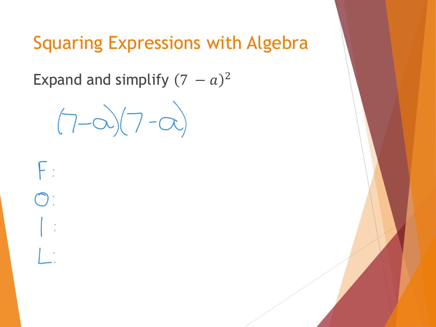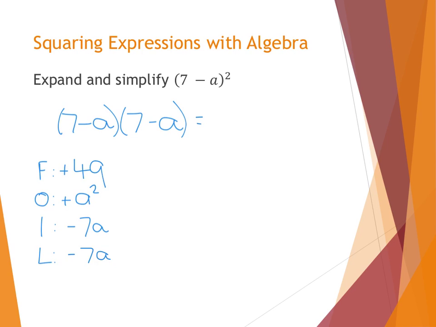So first, I'm looking at the 7 times by the 7, giving me 49. Outers, I'm doing minus a times minus a, which gives me plus a squared. Then I'm going to do the inners, so minus a times by 7, that's going to be minus 7a, and the lasts, 7 times minus a, also minus 7a.